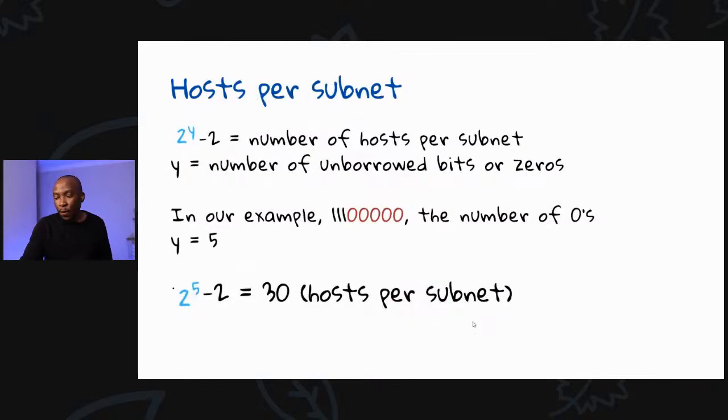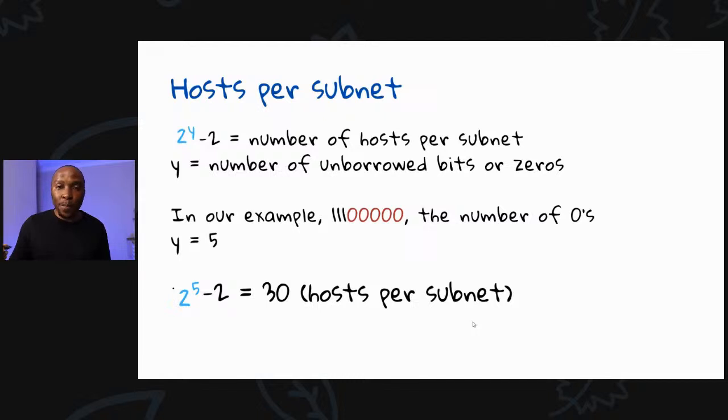The number of hosts per network is 2 to the power y minus 2, where y is the number of unborrowed bits. So if we borrowed 3 and remained with 5, the number of hosts becomes 2 to the power 5 minus 2.